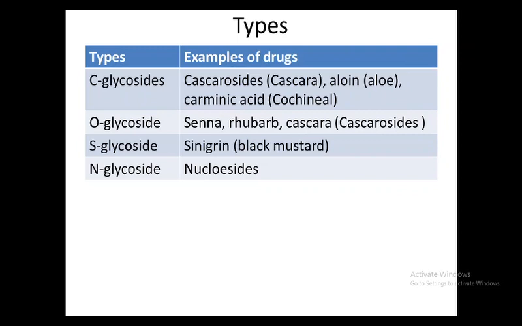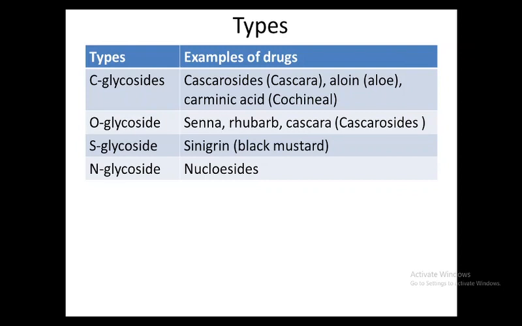These indicate that the oxygen atom of the aglycone, that is the non-sugar part, is involved in the attachment with the sugar moiety. Examples are senna, whose glycosides are sennosides, then rhubarb, and of course cascara, whose glycosides are cascarosides.